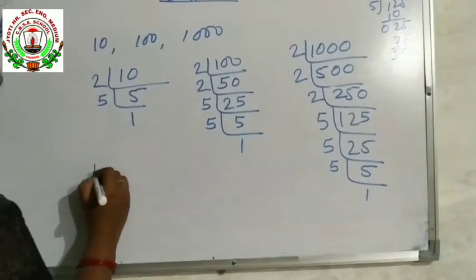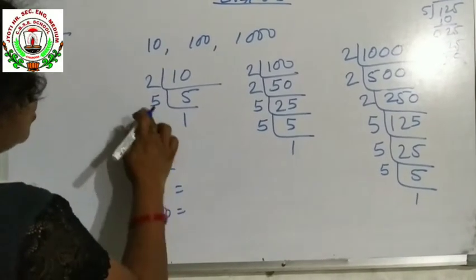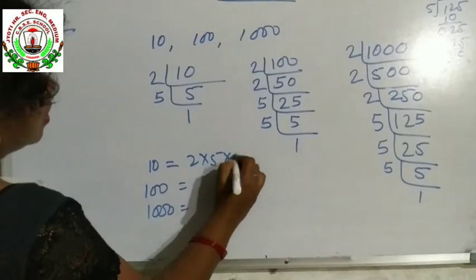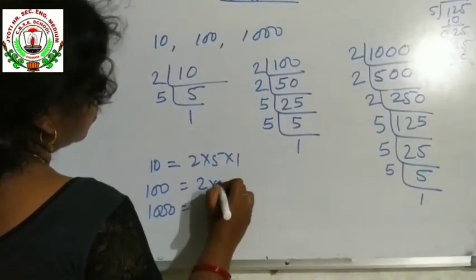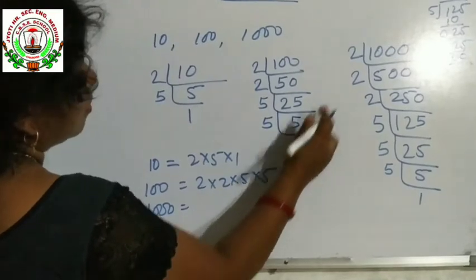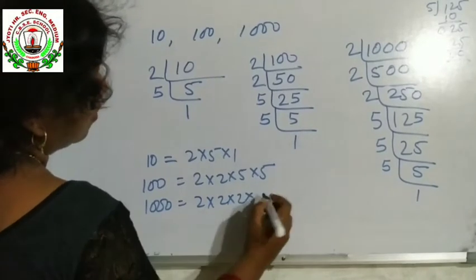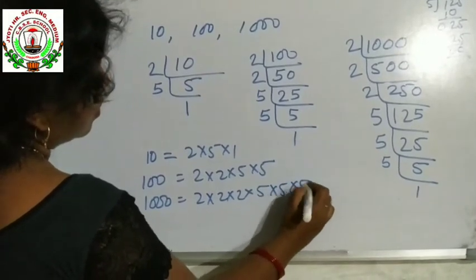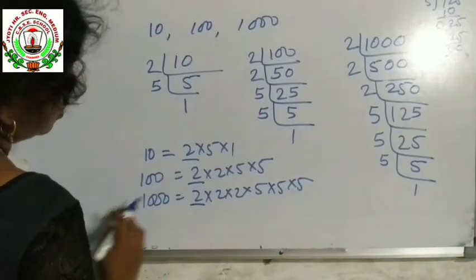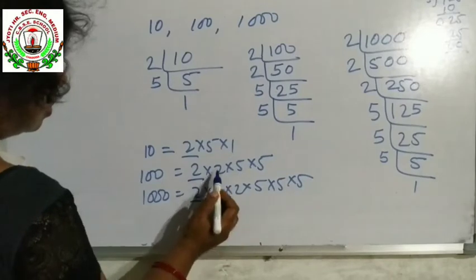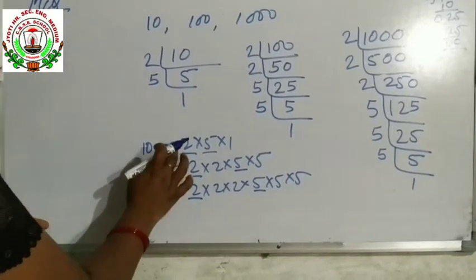Now write the prime factors of all these numbers. 2 into 5 into 1. You can write 1, or if you do not write it, it is also correct. Then 2 into 2 into 5 into 5, and here 3 times 2 and 3 times 5. Now you will see the common. 2 is common in all the numbers. 5 is also common in all the numbers. Now it will not give any other number.